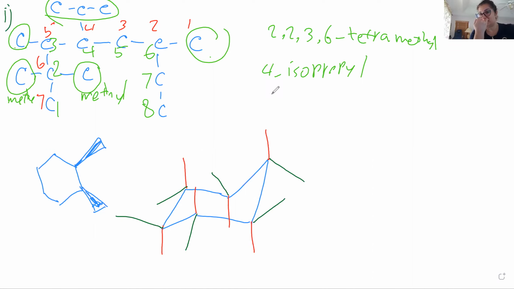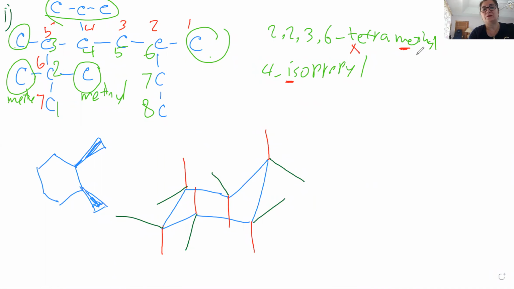So which one should come first, isopropyl or the tetramethyl? The isopropyl. The prefixes that are used in alphabetic order consideration is only the iso, actually. But if you have di, tri, tetra, the T does not count, and only the first letter of the actual branch would count. So you're comparing I with M, and since I comes before M, isopropyl comes first before the methyl group.